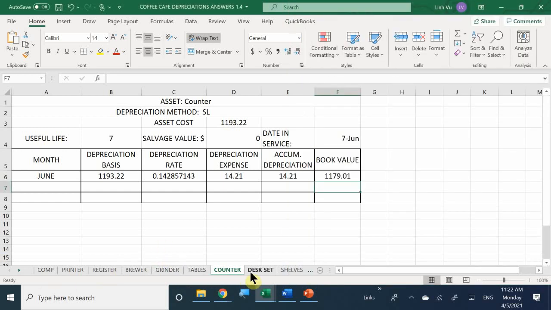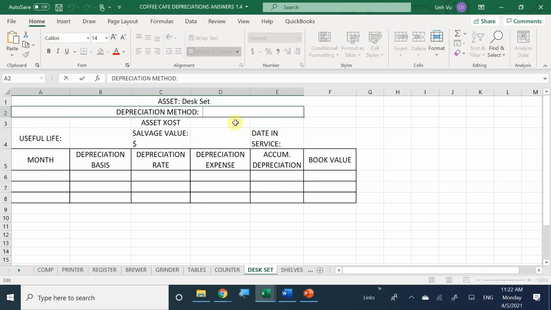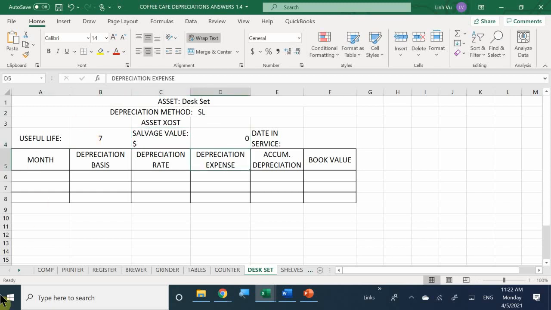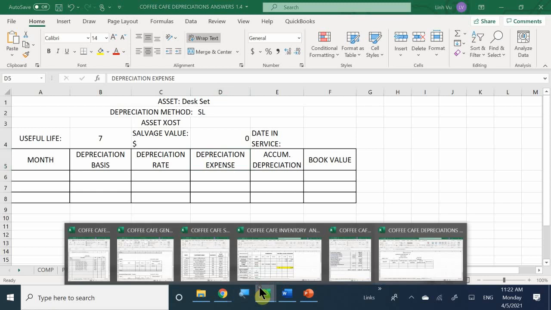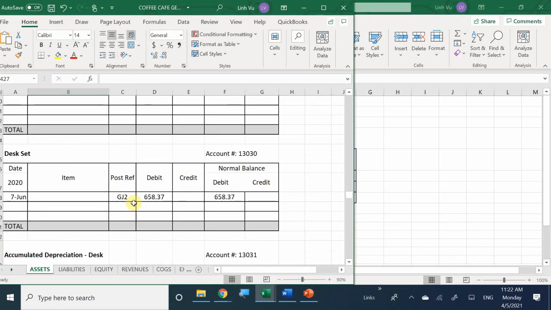Then we're going to do the desk set. So the desk, once again, we have straight line, 7 years useful life, $0 for salvage value. All right, here we are, desk set.